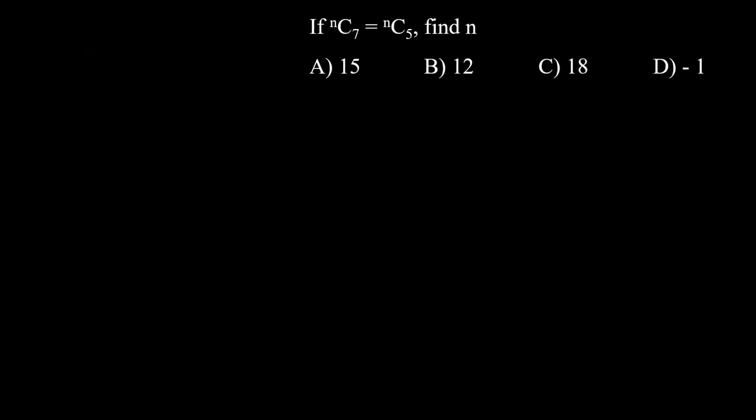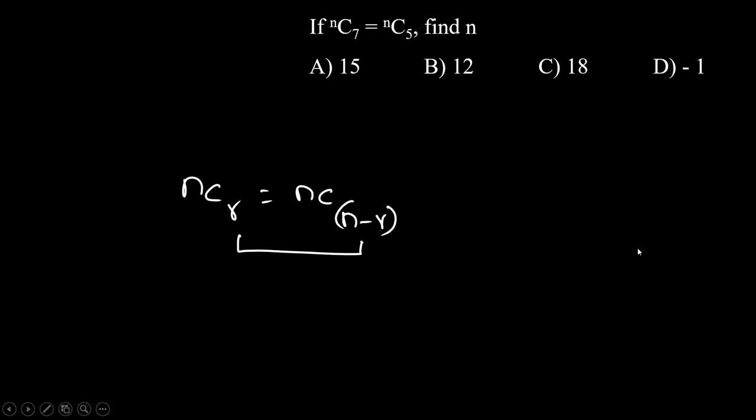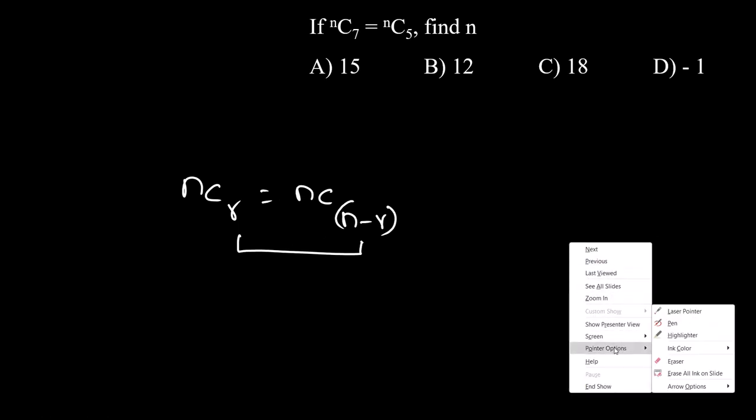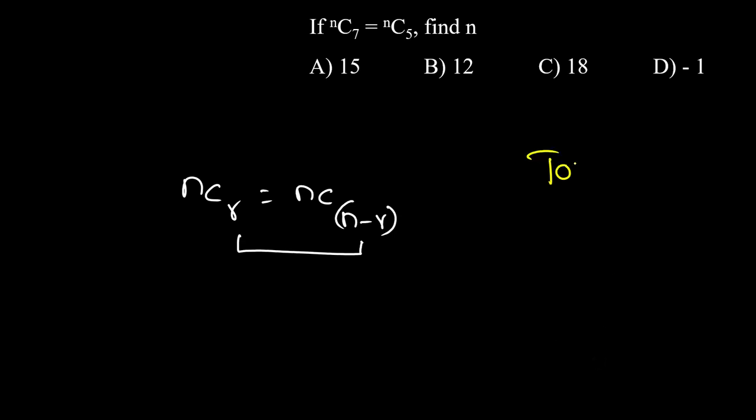If you want the formula method, the formula is NCR equal to NC n minus R. Adding these two, you should get the n value. Selecting plus rejecting equals total. Total must be equal to how many selected plus rejected.